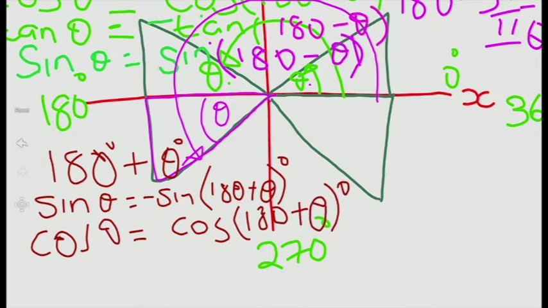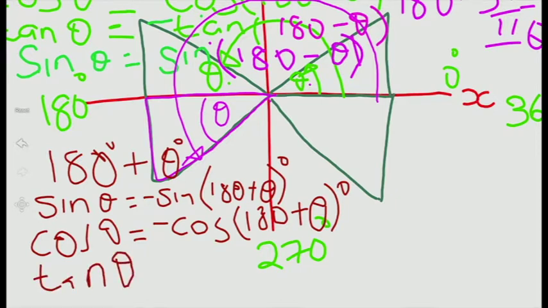In the third quadrant, we have negative x, negative y, and positive r. So the ratio of the cosine here would be negative x over r, which means in the third quadrant, we have negative cosine. And then we have the tangent.